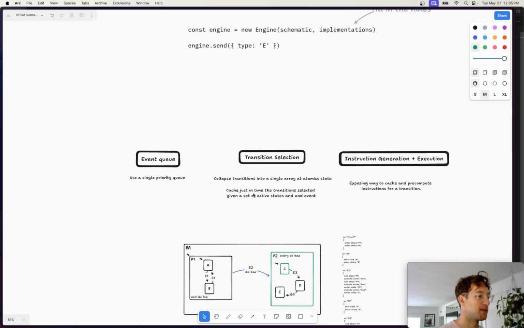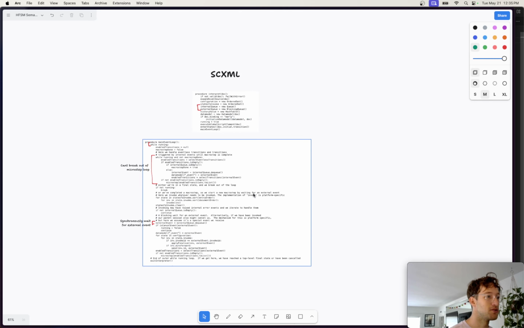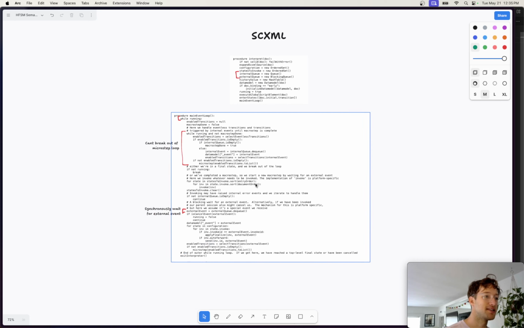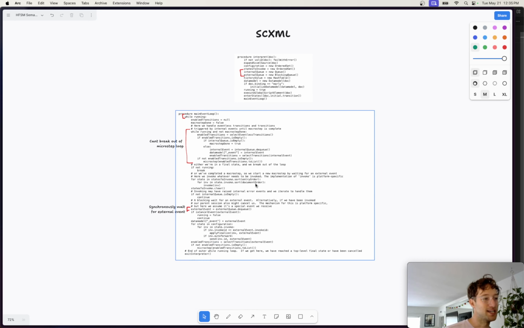So the best way, in my opinion, to talk about that is to understand an example of what it doesn't enable. So this is the SCXML spec that was started in 2005 and reached 1.0 in 2015.